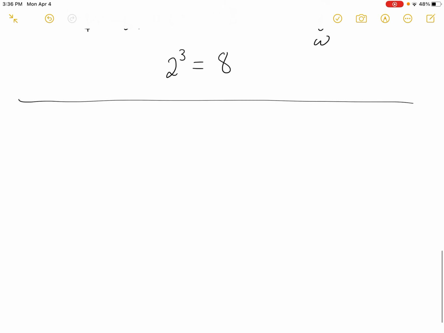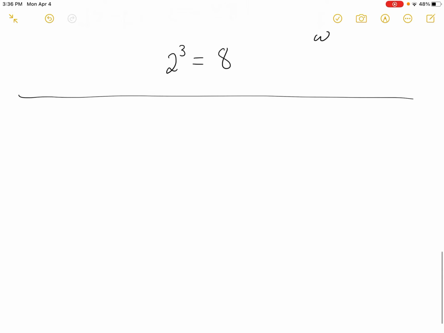The last thing that they talk about in the section here, this is still 3.2, is that when you take, they give it a name, they call it De Morgan's Law. And De Morgan's Law is about taking the negative of a compound statement.